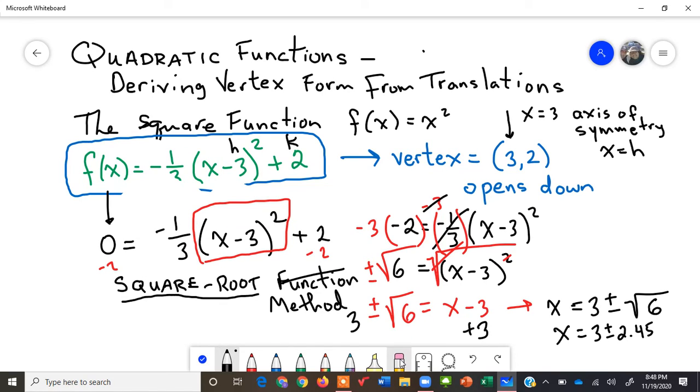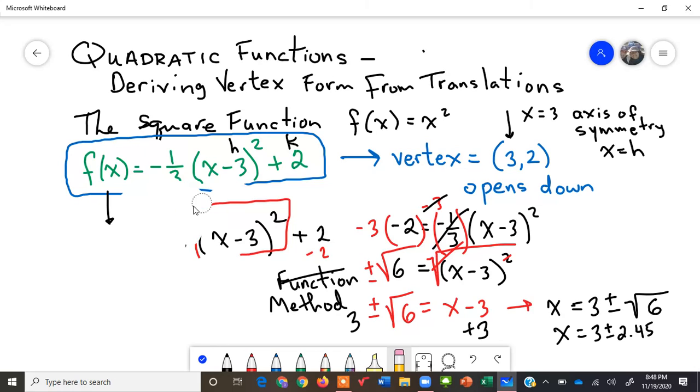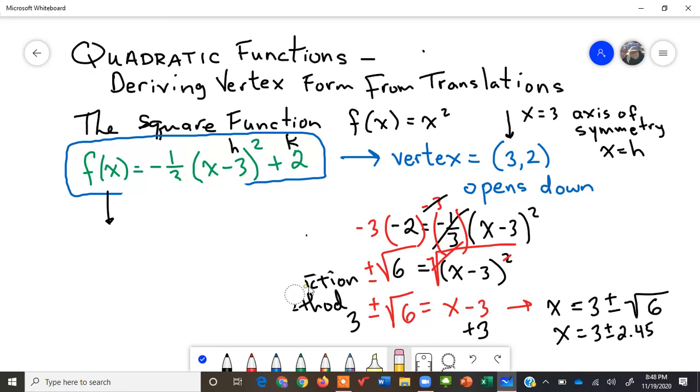Let's go ahead and graph what we have so far. So we know that the vertex is at 3, 2. We already discussed that. We know that it's a little fat. It opens down. And we saw that the y-intercept was at negative 1.